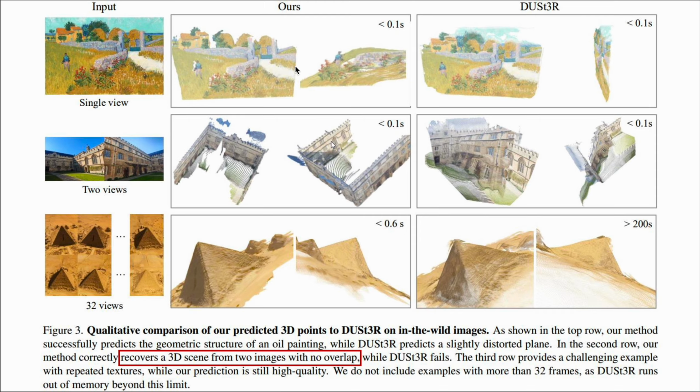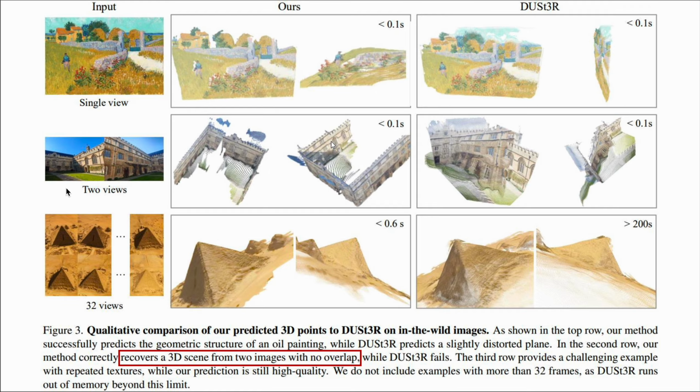Normally classical computer vision needs at least 2 images. Now there is only a single view, and it's an oil painting. VGGT is even able to generate the 3D structure of this 3D scene from a single oil painting, which is definitely impressive.